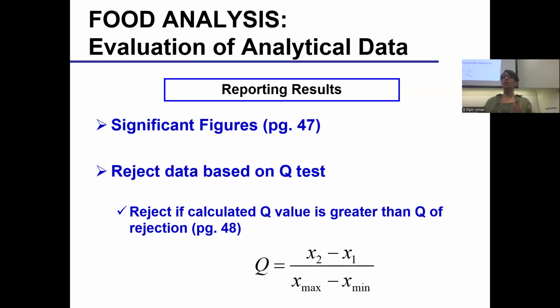So you can choose your confidence level. Oftentimes it is 90%, not 95. And then you get that number, 0.94. If your calculated Q is greater than the tabulated, you say, yes, I can remove that replication. Throw it out, move on.